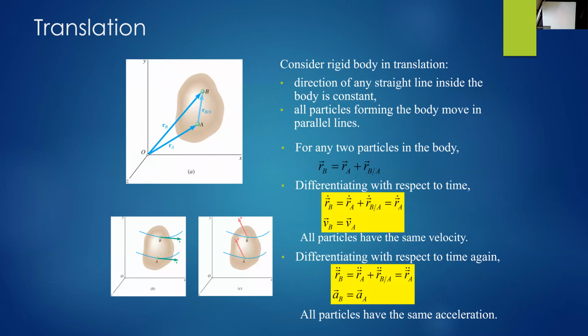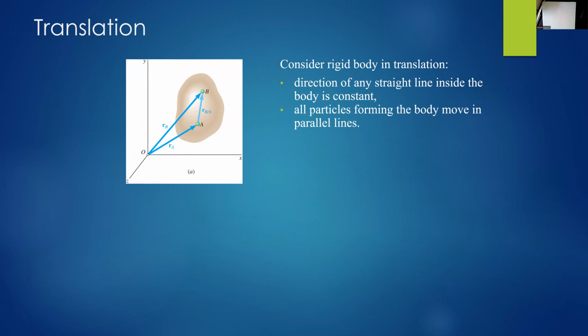All right. So let's look at this slide. Essentially what you're seeing here is we know that when A moves and B moves, we can point to A or B relative to A, which means that anytime we have particles moving in a rigid body, they have to form a systematic way of moving, meaning that we can create this triangle where we have our relative positions that stay in the same relative position regardless of where it is in space.